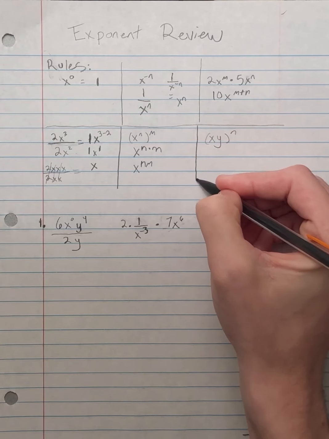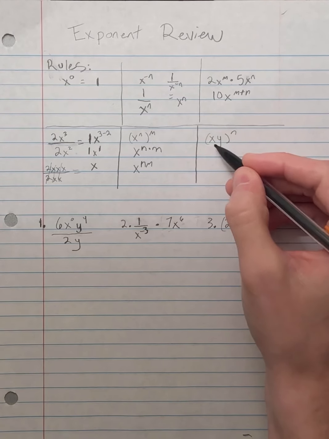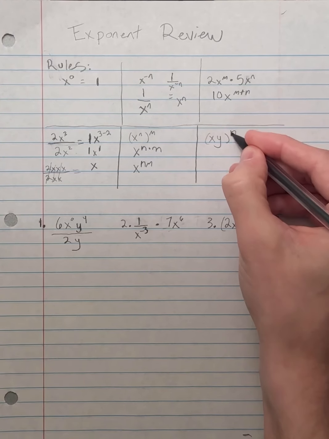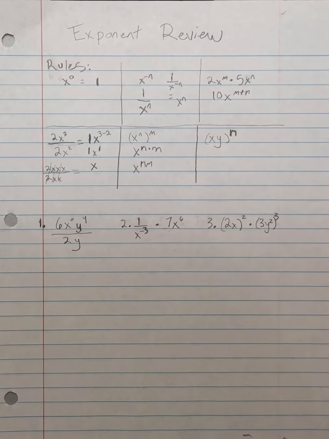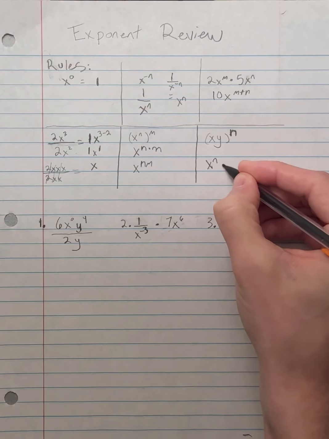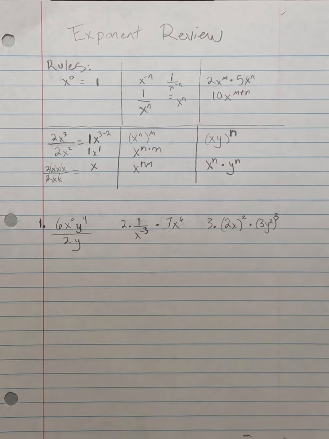And one of the last rules we talked about was if I have a parenthesis with multiple things in it, so x times y, I'm going to make sure this n power goes to everything in the parentheses. So I have x to the n times y to the n power. All right, so that's a little review of the rules.